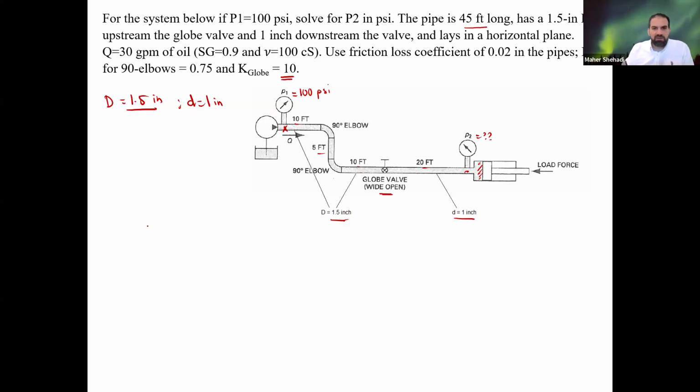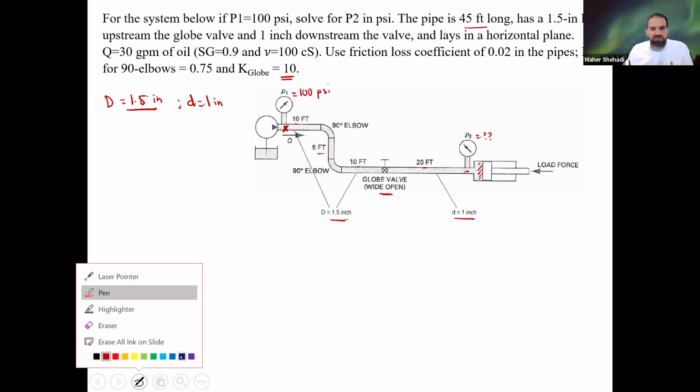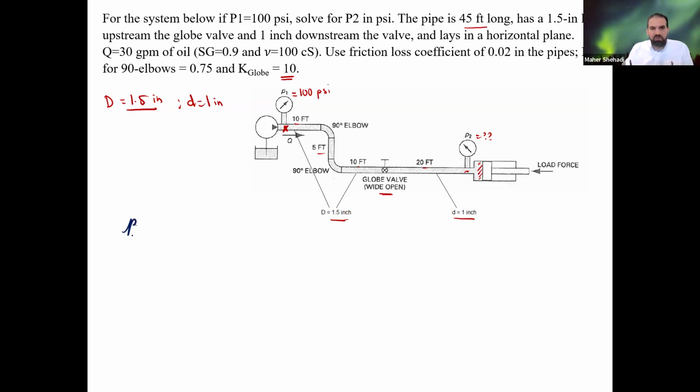Why? Because if I consider that's the first point, then if we put down the energy equation, which is the Bernoulli equation, it's P1 divided by the specific weight of the fluid. It has a specific gravity of 0.9, plus V1 squared divided by 2g plus Z1.